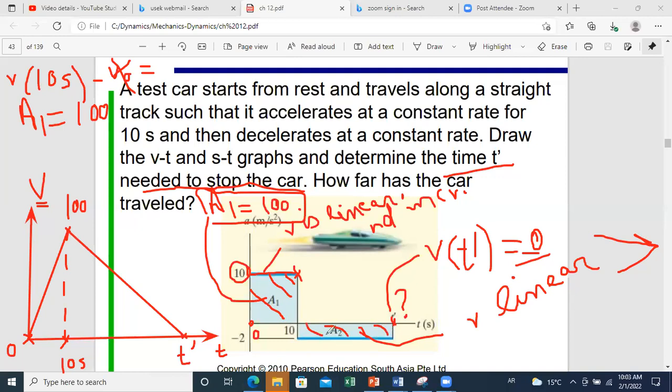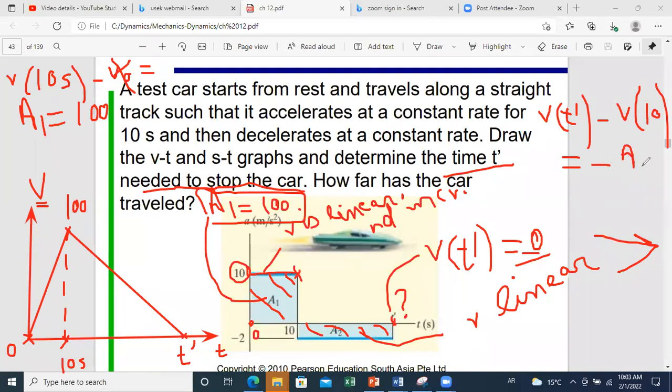When the area is under the axis, delta v is negative. So for the second phase, I can write that the velocity at t prime minus the velocity at 10 seconds is equal to minus A2, because my graph is below the axis of time.